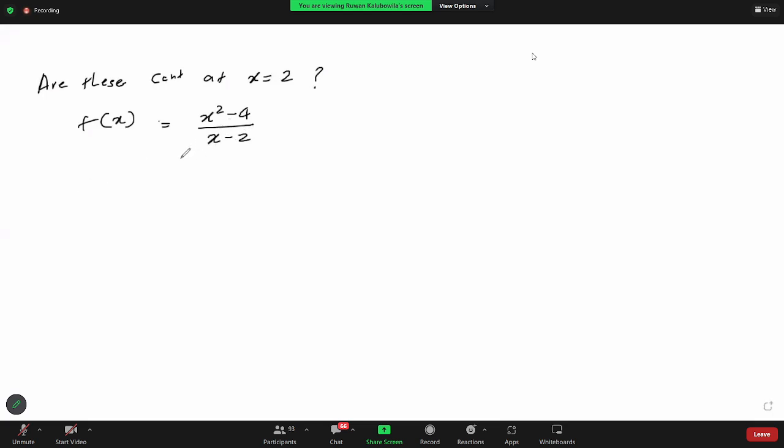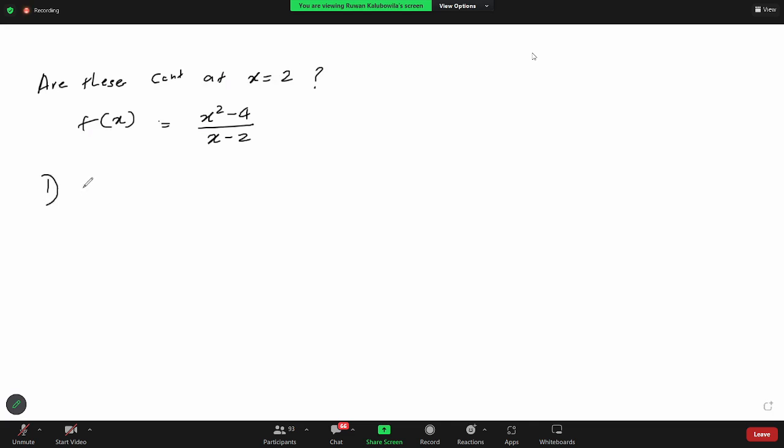Okay. Can you tell me, by applying the test of continuity, whether this function is continuous at the point x equal to 2? What is the first one? Is this defined at x equal 2?